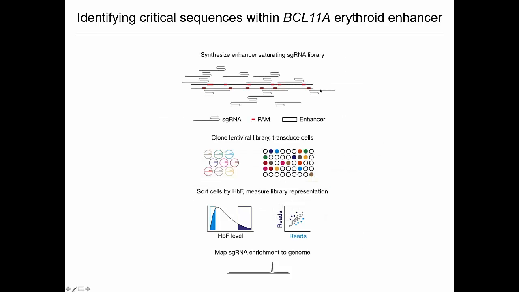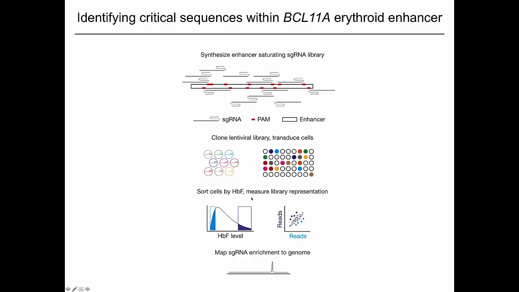So the way we did the experiment was to order the oligos as a pool, clone them as a pool to a lentiviral library, then transduce cells at low multiplicity. And this is key so that any one cell only receives one guide RNA integrated into its genome.